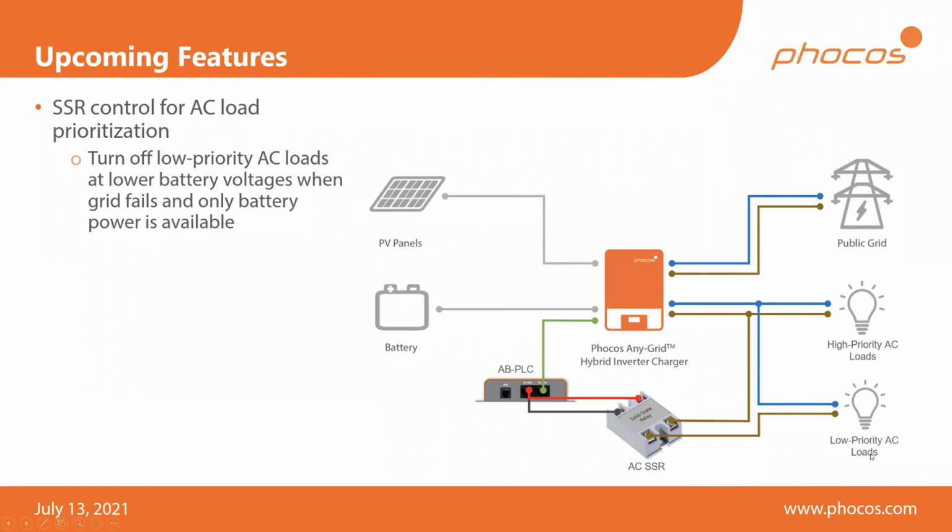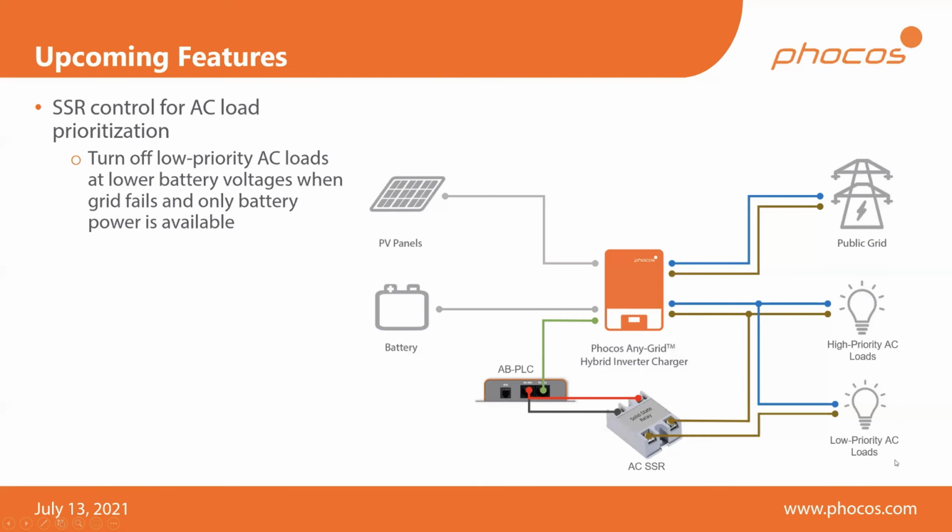And then I might have some low priority AC loads, which I only want to power if I have enough energy in my system. So if my battery is sufficiently charged, for example, because if my grid fails, then my battery voltage will drop unless I have a lot of sunshine. So if, for example, during the night, the public grid fails, then I'm running purely off of battery power. So of course the battery voltage will drop. And at some point in this configuration, I can then turn off my low priority AC loads.